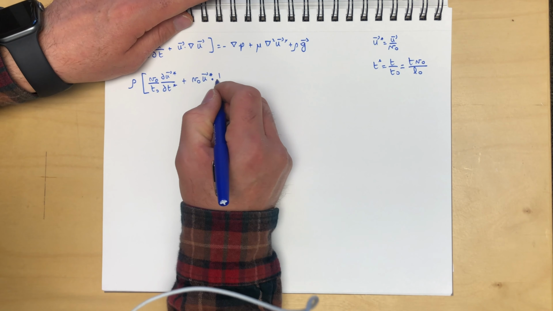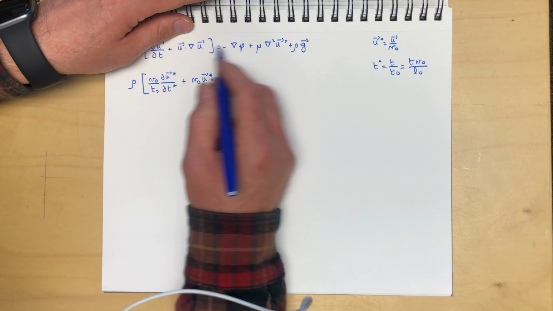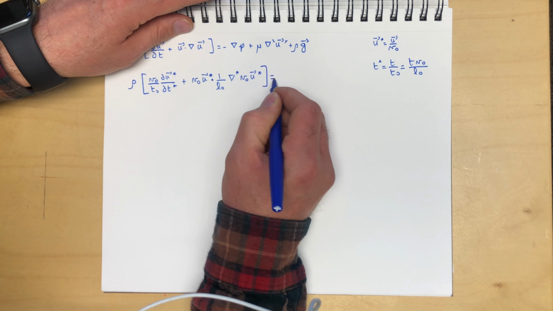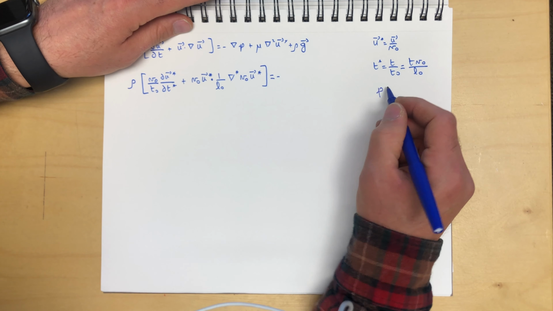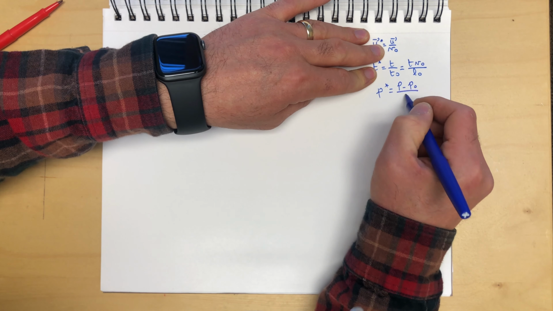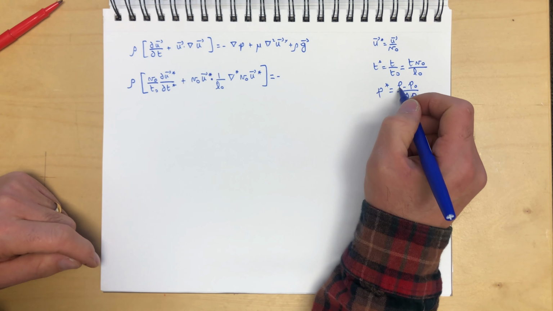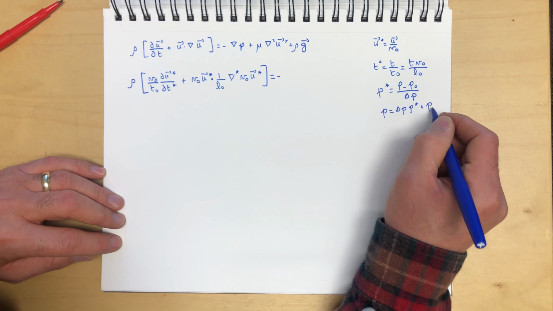So we get 1 over L0 nabla star, and u is equal to V0 u star, equals minus, we said that we defined p star as p minus p0 over delta p. Now you can express p in terms of p star, and that's going to be p equals delta p, p star plus p0.